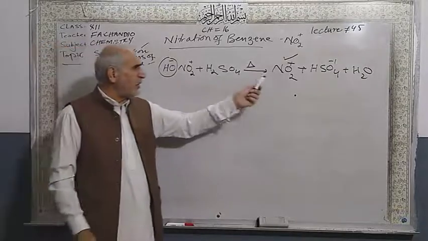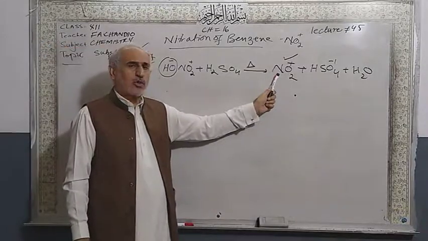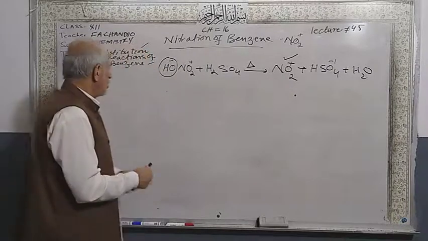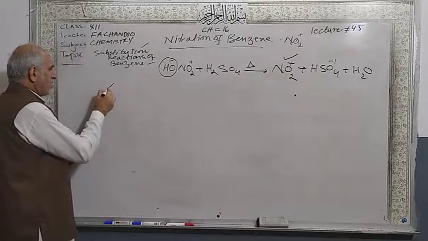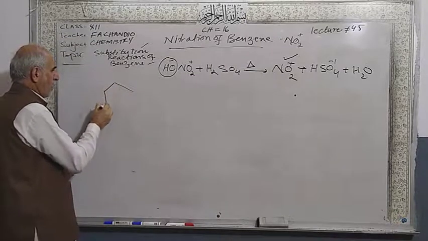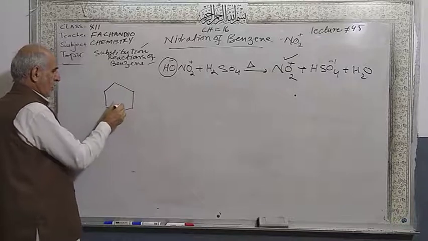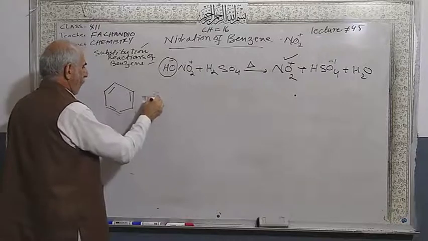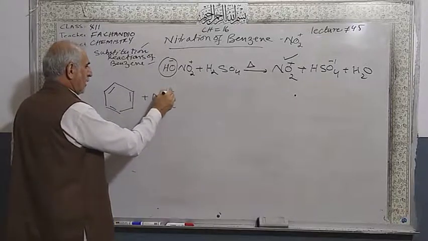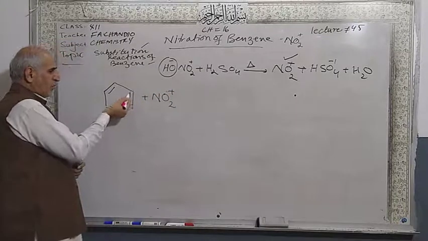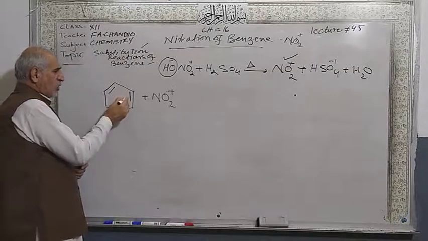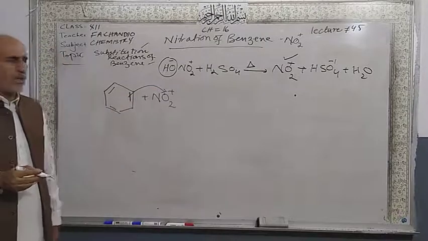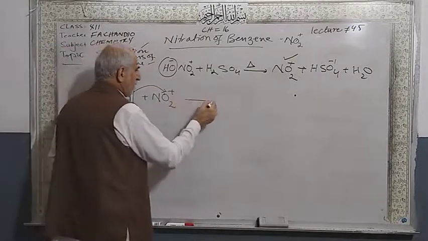Now, as in the previous mechanism, the electrophile E is the same. This is benzene with a double bond. I told you these pi electrons act as a nucleophile, and the nucleophile always attacks the electrophile.